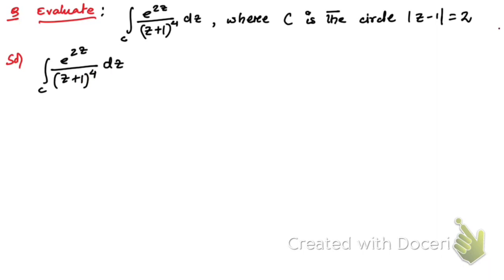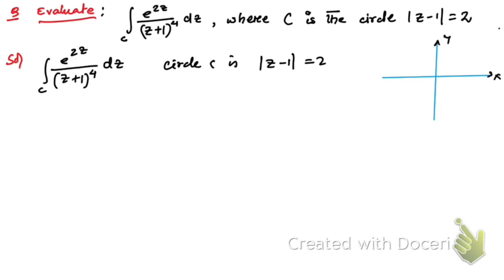And the given circle is mod of z minus 1 is equal to 2. So let me draw the circle here. This is the x-axis, this is the y-axis, and the center should be at 1, not at the origin.